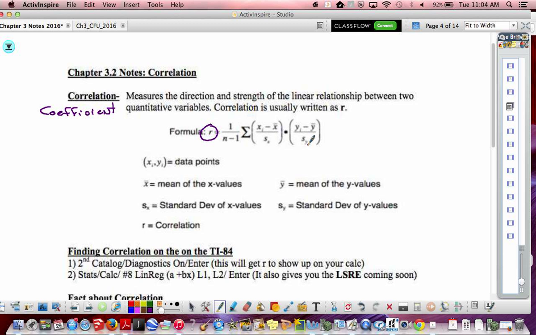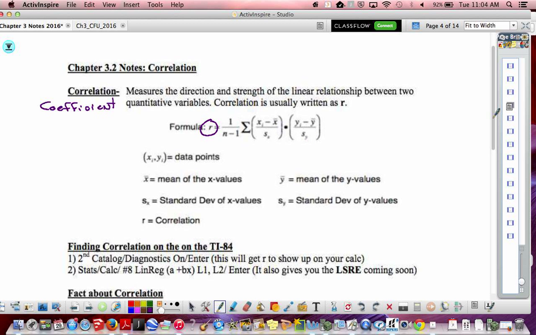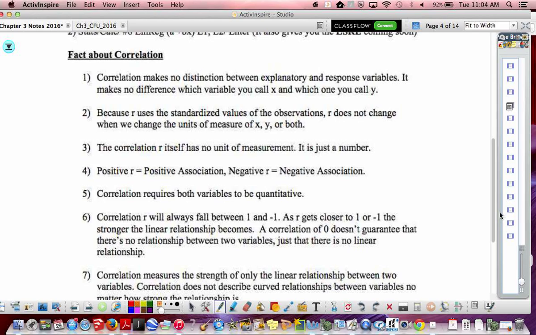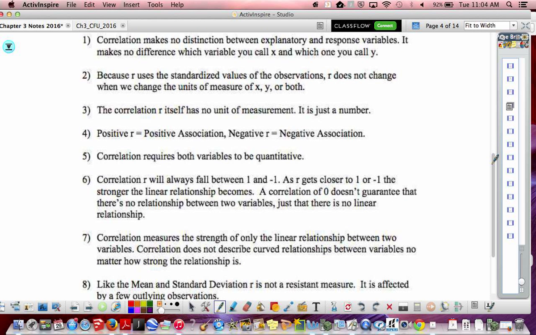Your correlation coefficient has some facts about it that I'm going to talk about, and I'm going to be jumping around here. I'm going to go down to number 6 just to start. Your correlation coefficient helps you measure the strength and direction.